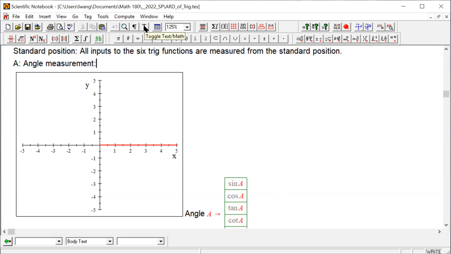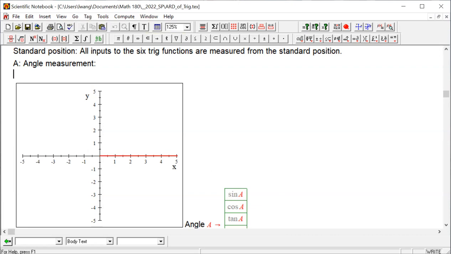Angle measurement, what does that mean? If the angle is measured from the standard position counterclockwise, that angle will be called a positive angle. If the angle is measured clockwise, that will be called a negative angle. So positive angles, positive sign, are for angles measured counterclockwise.